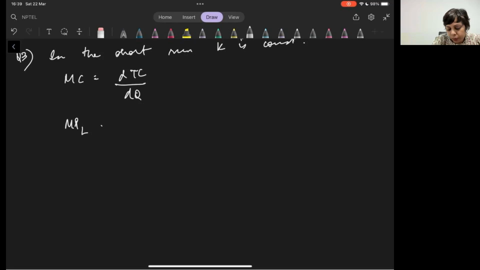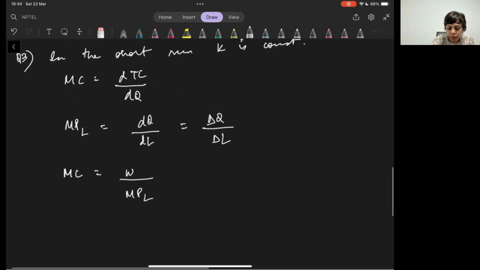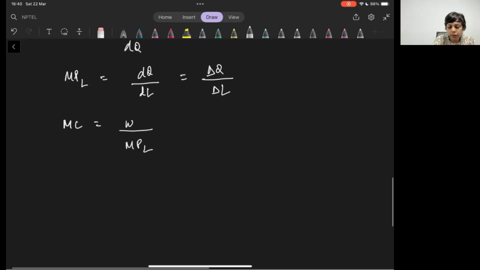MPL is nothing but dQ by dL, or delta Q by delta L, whichever way you want to express it. Now, the firms will want to maximize bang for the buck. So you will get the expression to be something like this. This is the relation between the price and the marginal product of labor.